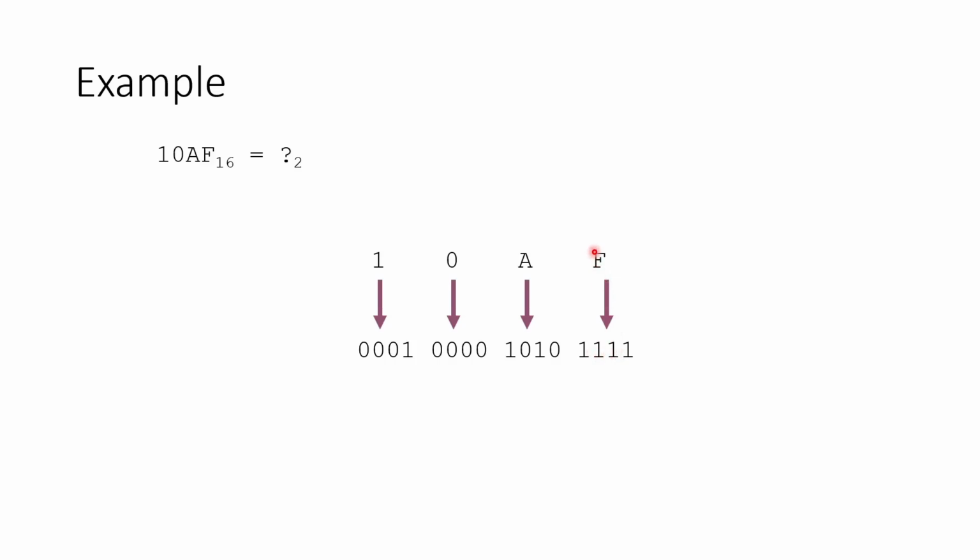So F is equal to 1111, and A means 10, that's why the binary is 1010, and the 0 is 0000, and the 1 is 0001. So the answer is here.